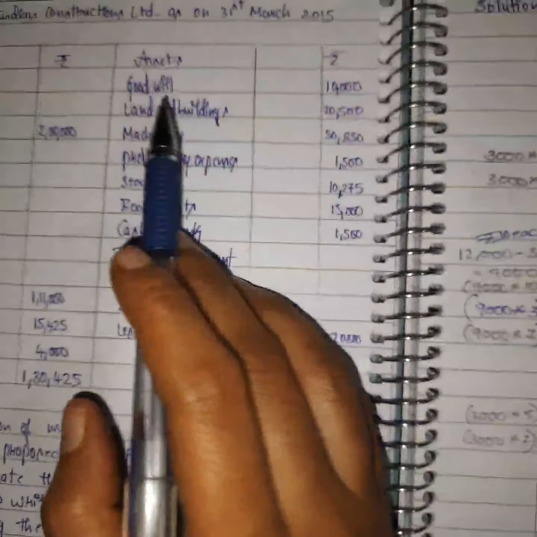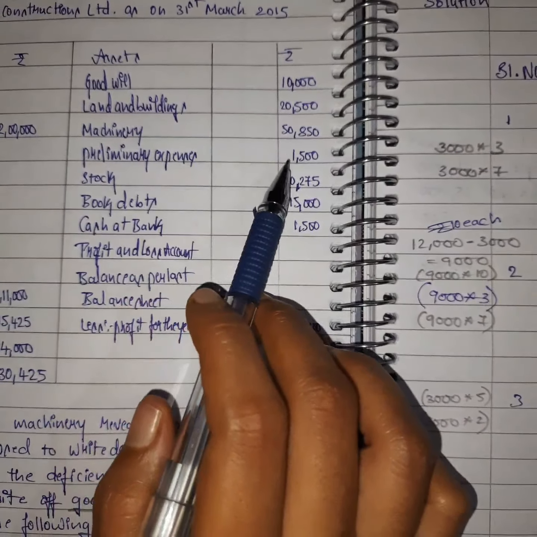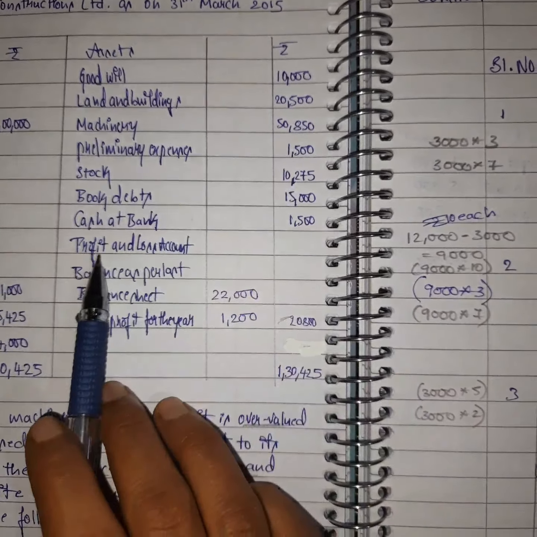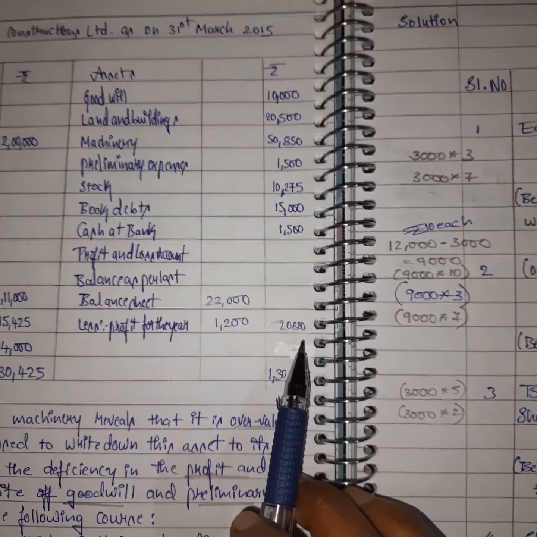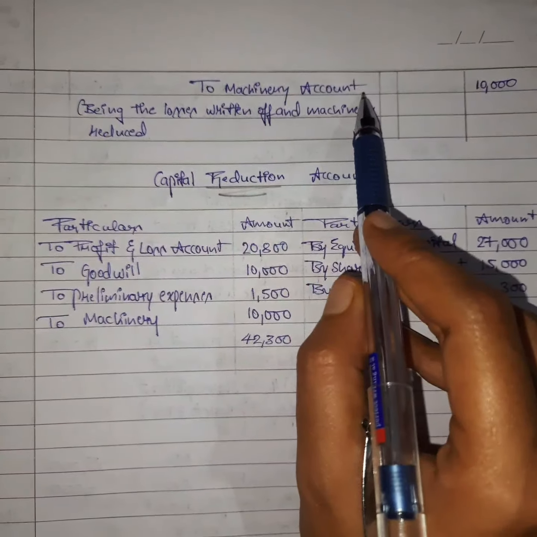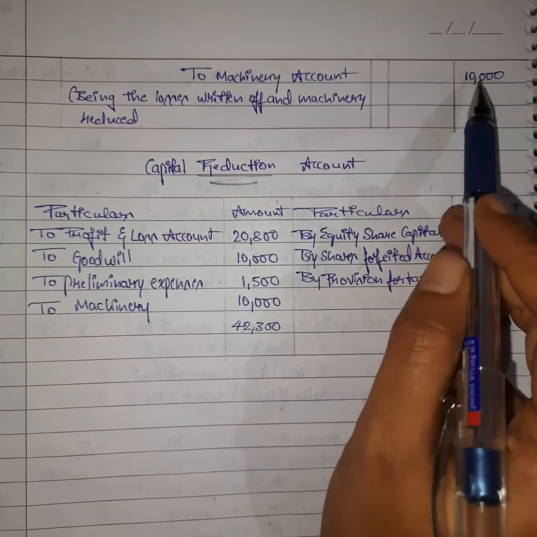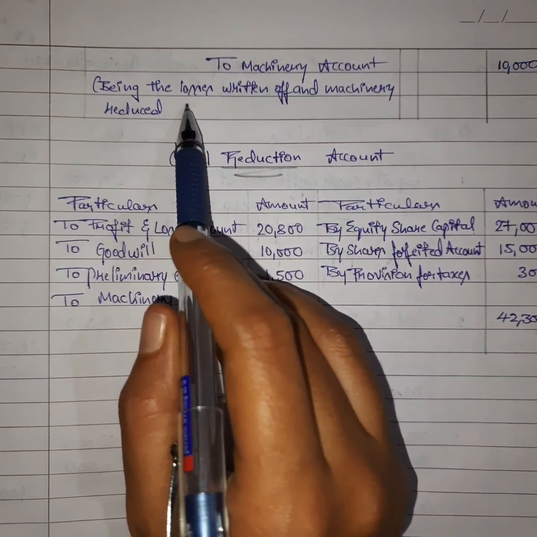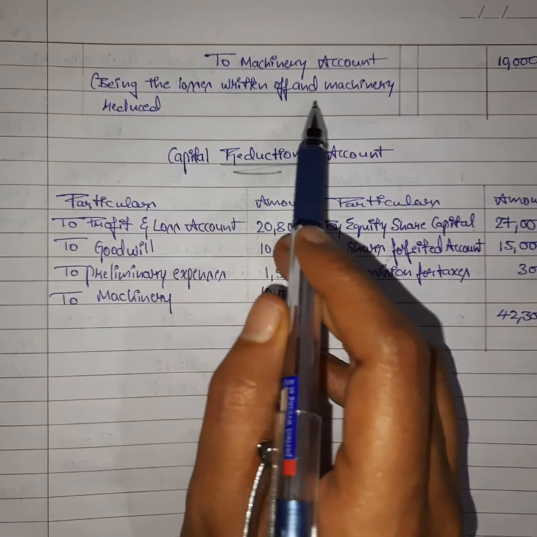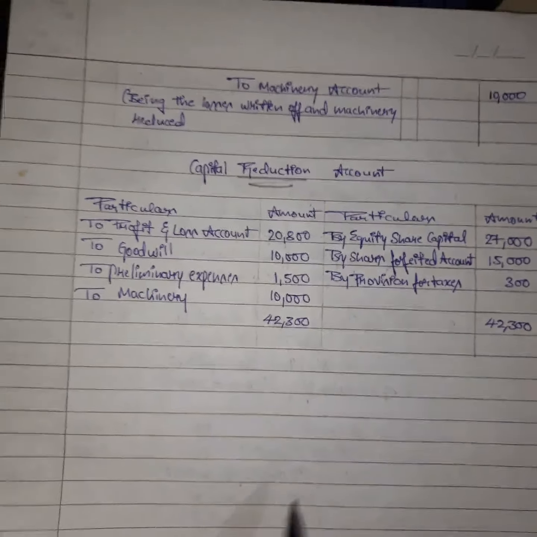You can check out the amounts. Goodwill 10,000, preliminary expenses 1,500, profit and loss account 20,800. To machinery account 10,000. The 10,000 is overvalued machinery. Note, being the losses written off and machinery reduced.